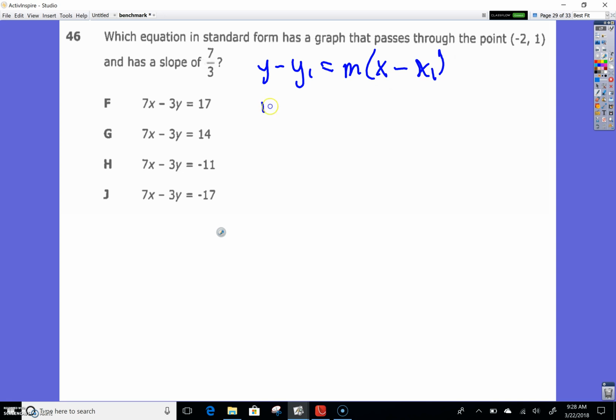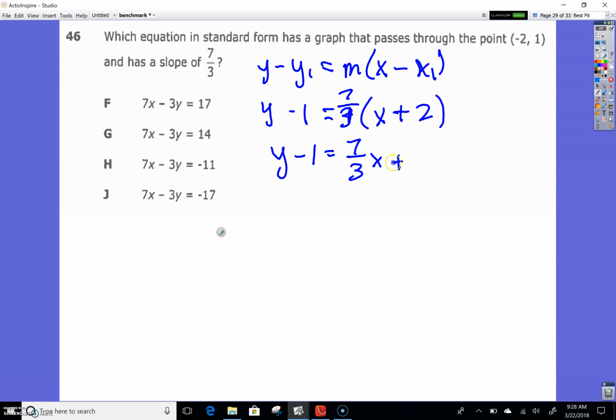So y minus 1 equals m, which is 7 over 3, times x minus, so minus a negative becomes plus 2. That gives 7 over 3 x plus 14 over 3.